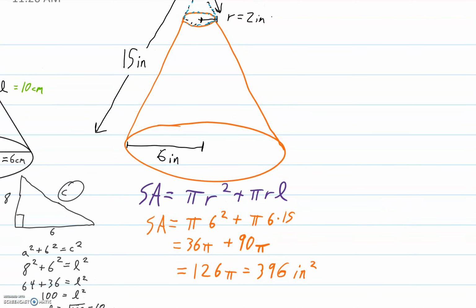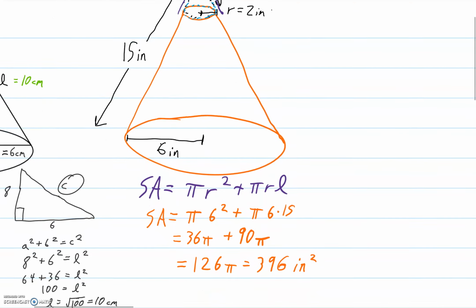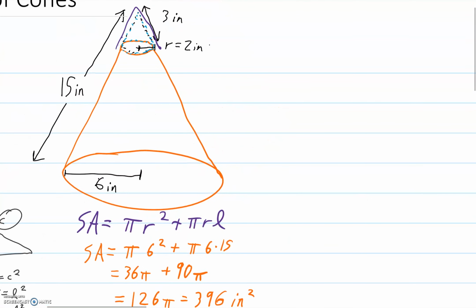Okay, that's great, but that's not actually the orange cone. That's including this tip at the top, which is not ideal. What we need to do is subtract the top cone. So let's write that out.